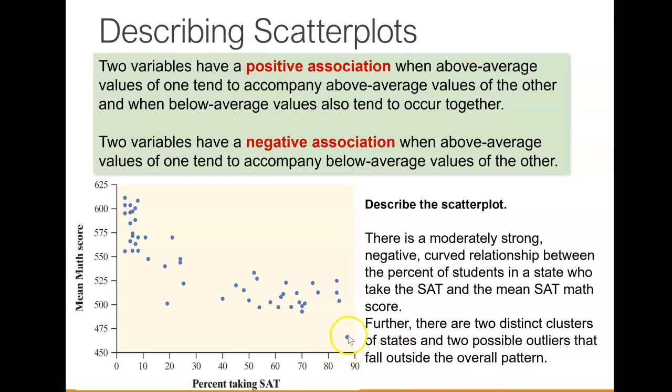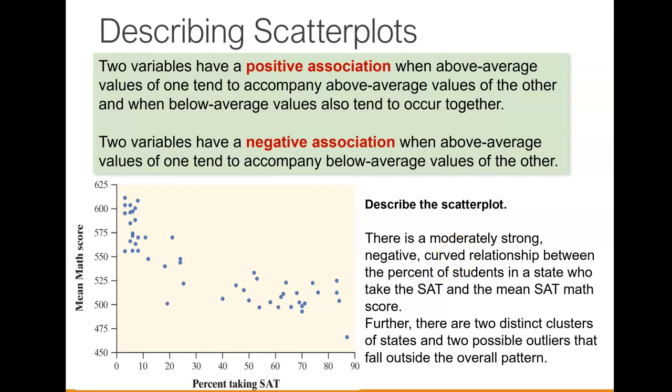This one here, and I would bet this one here also seems to be out of the band, right? And we see there's one cluster here, and one cluster up here, and there's not a lot in the middle. It's pretty sparse there. So that's kind of what our description sounds like.